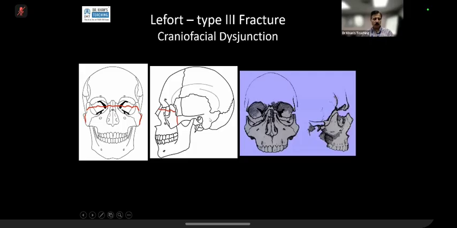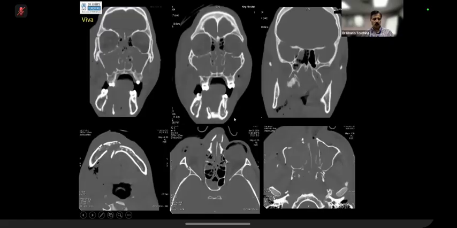And in the third one, other than the medial wall, the lateral wall of the orbit is also involved. So this is known as craniofacial disjunction. Basically, the whole of the facial skeleton will be mobile, and there will be a disjunction between this and the cranial cavity.